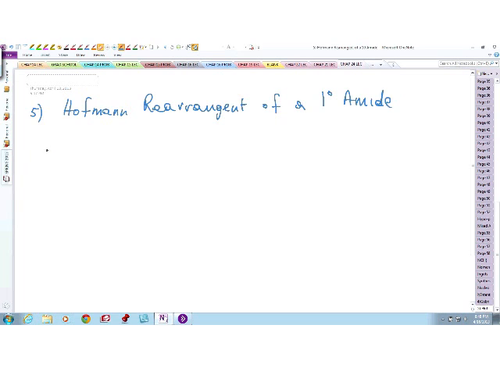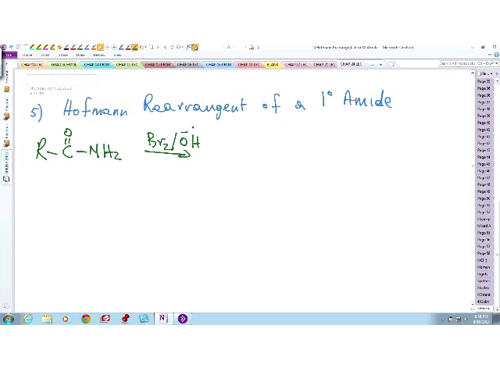This is a very neat reaction indeed. Say we have this primary amide, and this is a general reaction, any primary amide, and you take bromine in the presence of hydroxide.